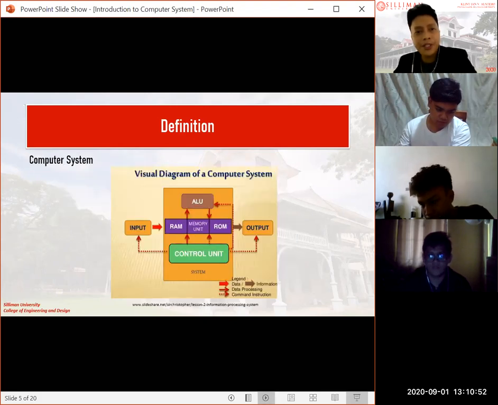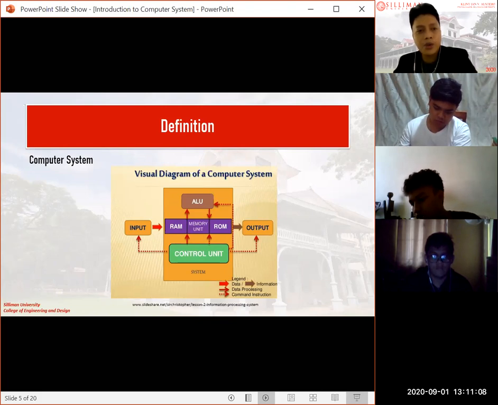In a computer system, it's quite similar, but it is fine-tuned and has multiple elements, or parts. It's the same thing as your information processing system. There are your inputs. Good examples of inputs are your mouse, keyboard, USB reading, and so on.